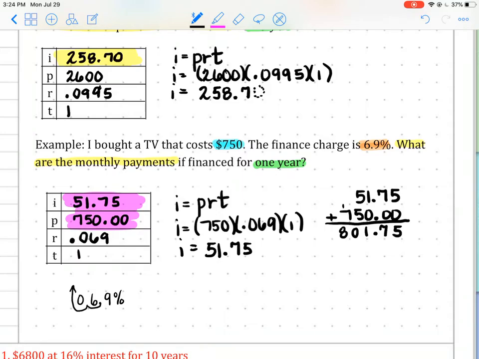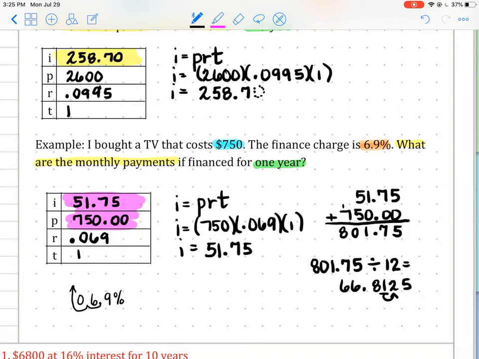And we want to pay that all at one time? No. We want to split that over months for 1 year. So that's 12 months. 801.75 divided by 12 is 66.8125.